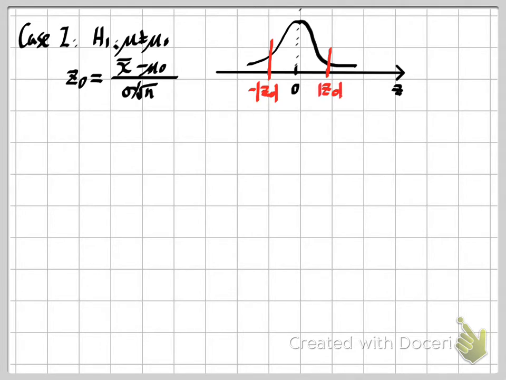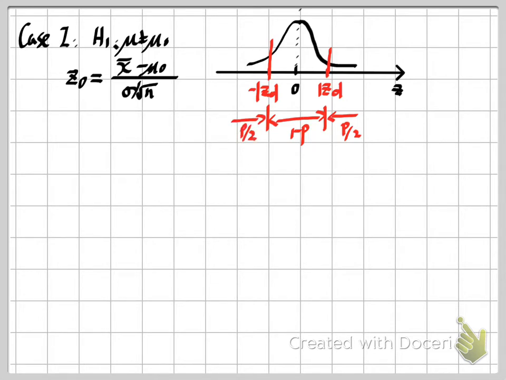So this is a negative on the left and positive on the right. We know this region's probability should equal 1 minus p. In other words, on the right this is p over 2, and on the left the probability is p over 2.